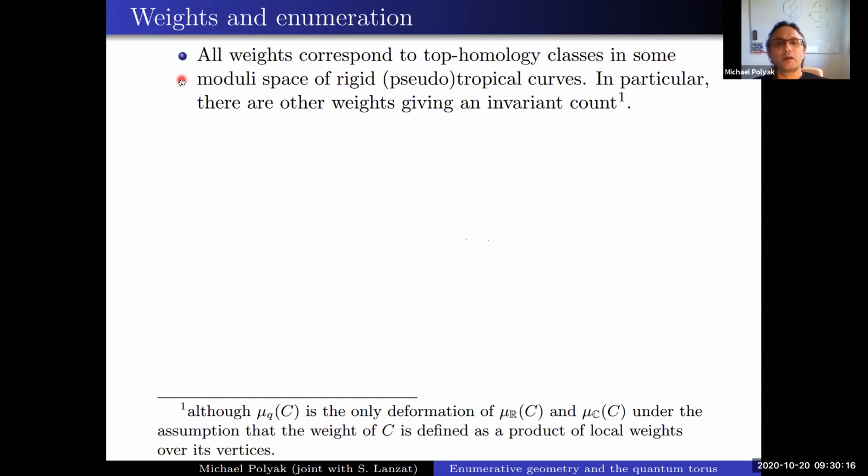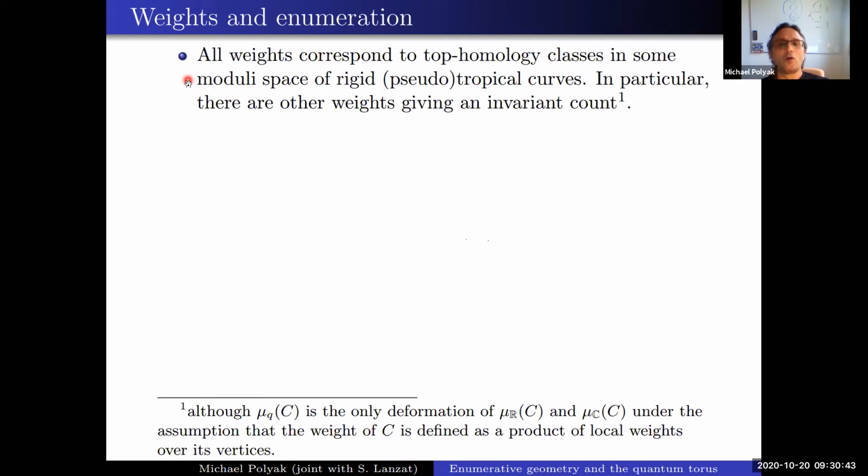And you can reformulate this construction in terms of certain moduli spaces, and these are the moduli spaces about which I will talk more, and the construction of these moduli spaces and its structure gives you the weights.